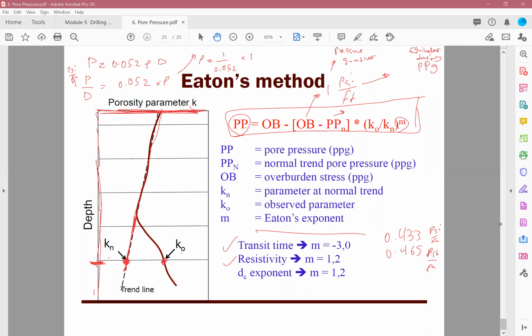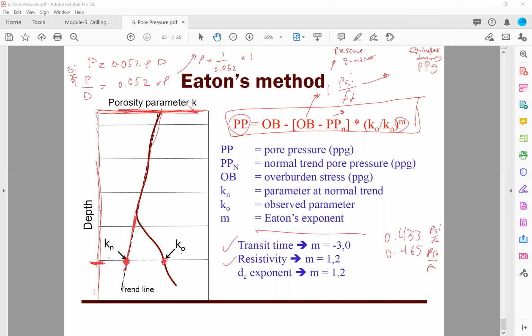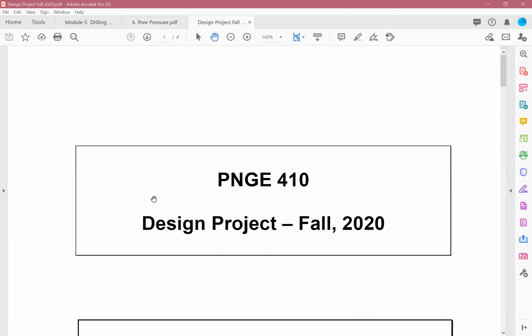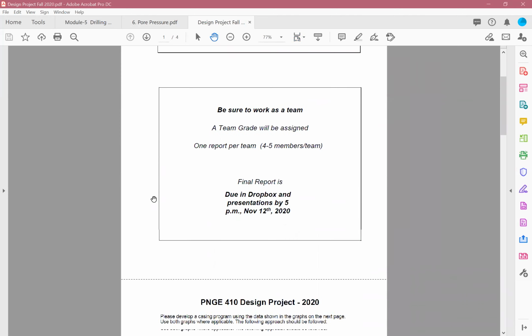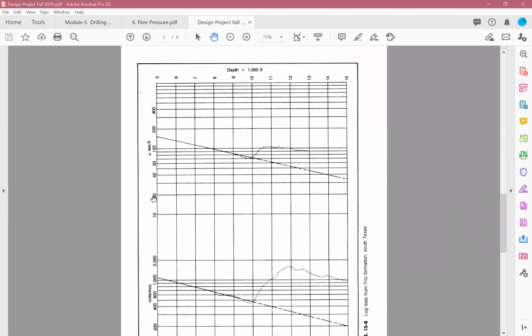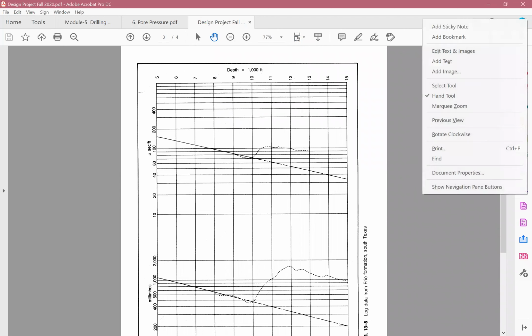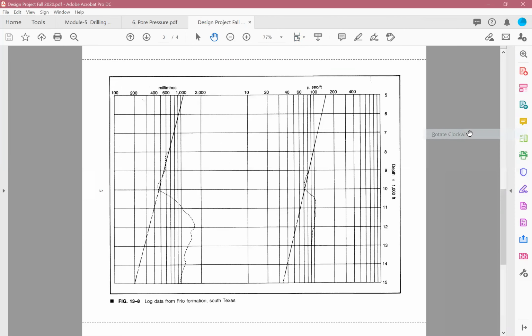It's a graph. Let me see if I can open that part. All right, this is your project, right? And let me see if I can rotate here.